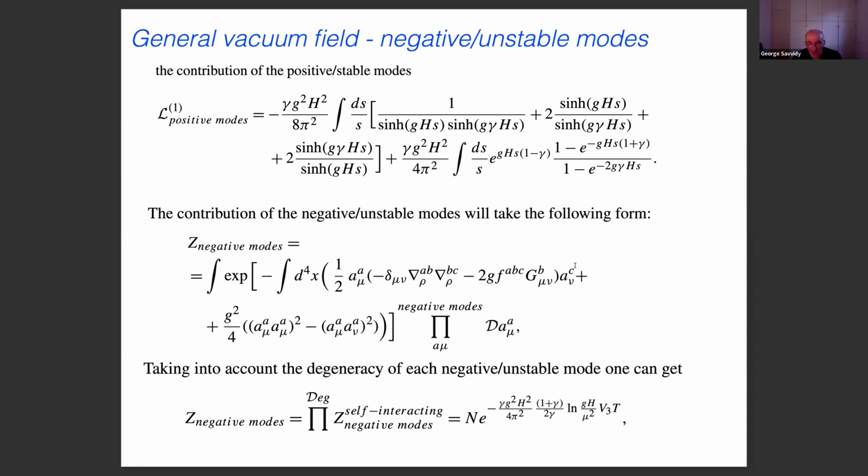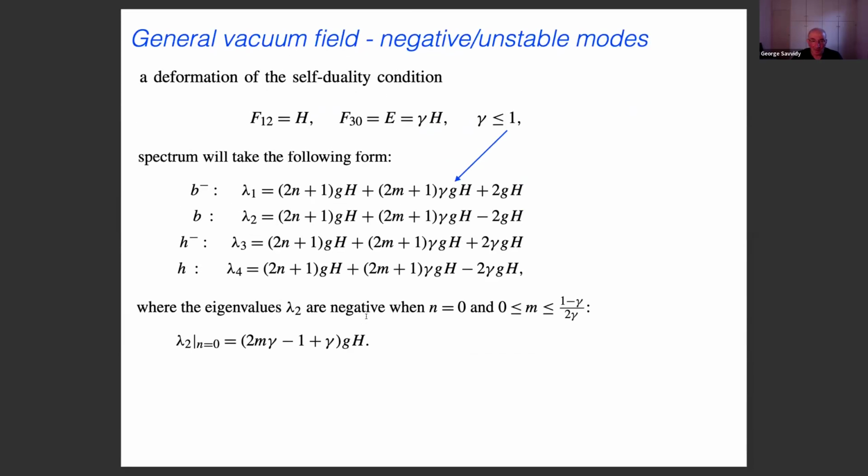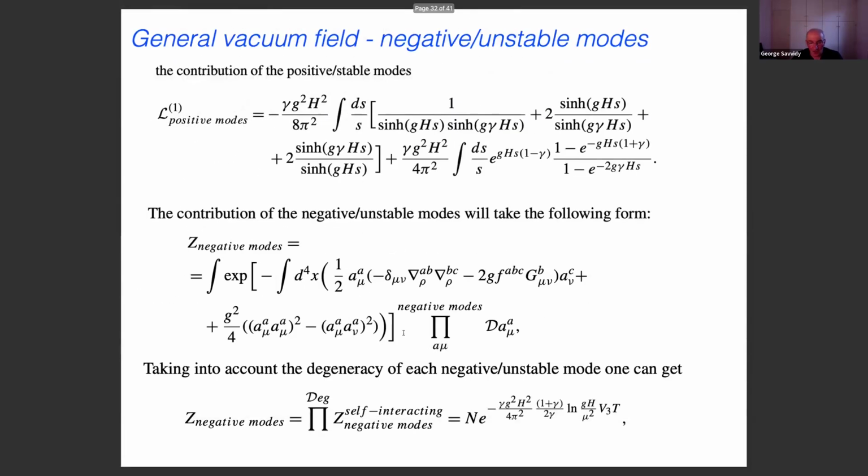If we leave this negative mode, of course it will produce an imaginary term, but we have an additional quartic term here. Therefore, one should substitute all these modes, which I did not show you. We have to again introduce the collective coordinates and substitute into this functional integral. You will see that there will be negative modes here, but there will be a dominating term which comes from the quartic interaction.